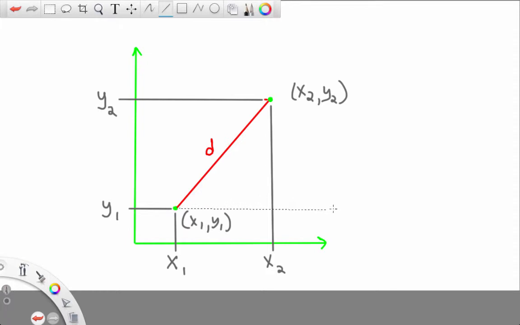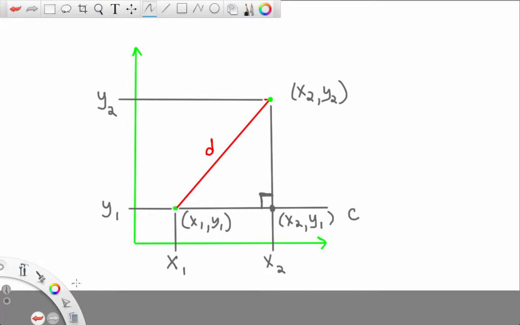I'm going to extend it to the right, and we're going to notice that this intersection point does lie on a vertex that is a right angle, and we need to find the coordinates of this point down here. Let's call it C. So we notice that this point passes through x2 on the x-axis, and it passes through y1 on the y-axis.